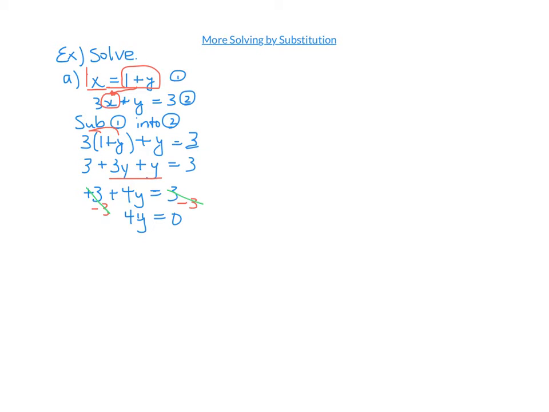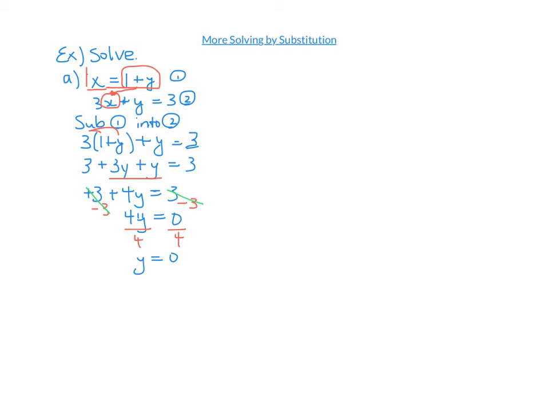Now we're going to undo the times by 4 by dividing both sides by 4. And if you do 0 divided by any number, the answer will be 0. So we get that the y-coordinate of our intersection point is 0. Now what we need to do is find the x-coordinate.